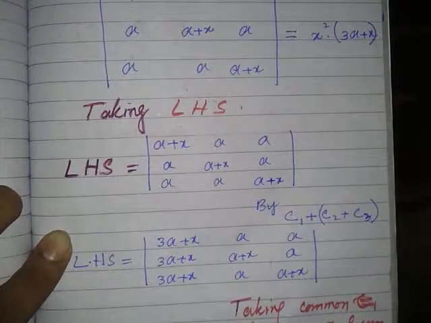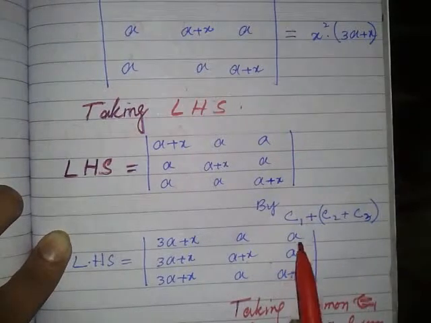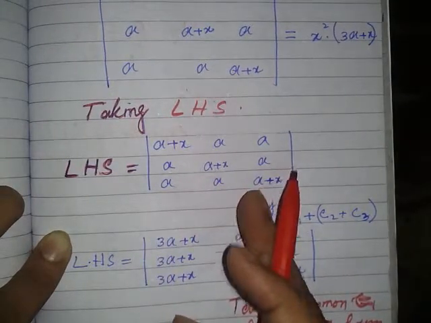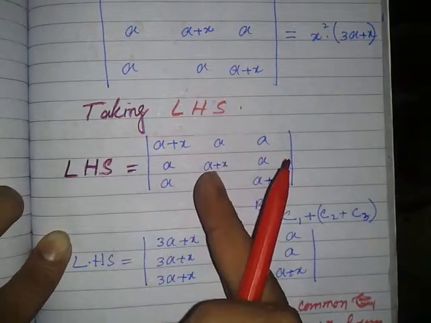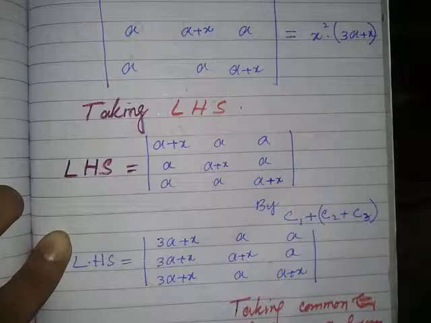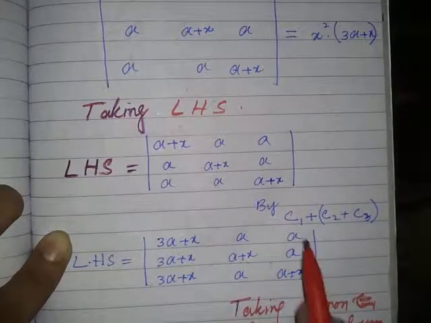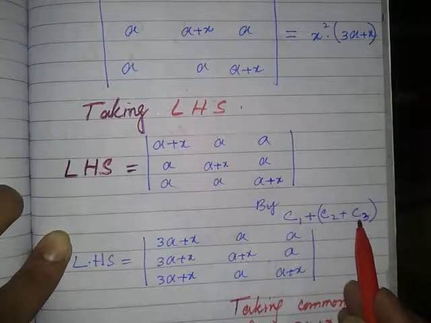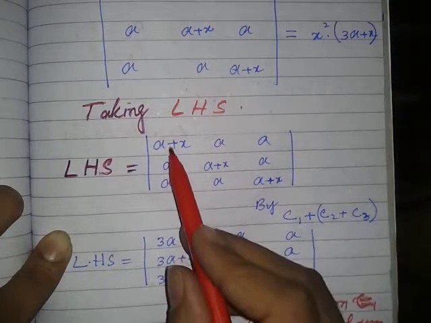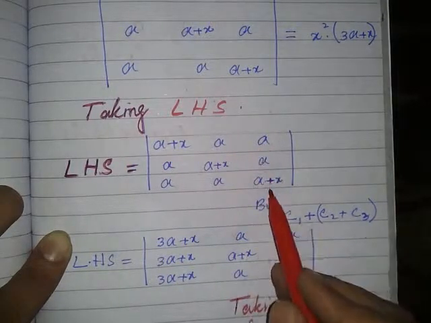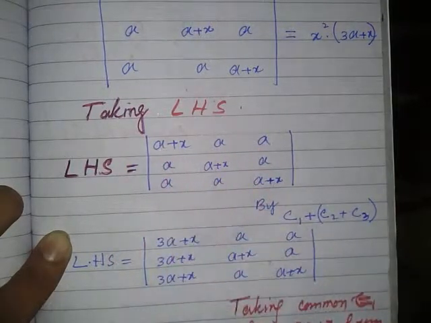One of the properties for determinants is we can add all the columns, or one column into another. Here we are using a property that in C1 we are adding C1, C2 and C3. It means we have to add column 2 and column 3 into column 1.